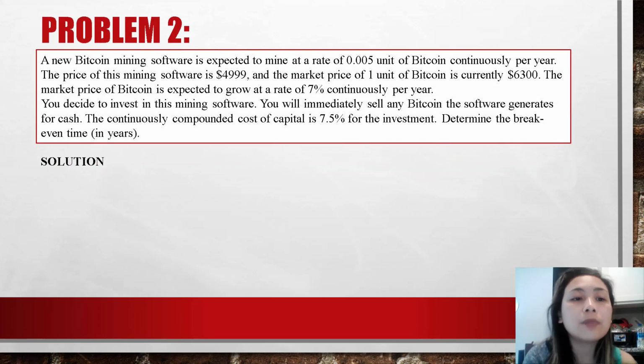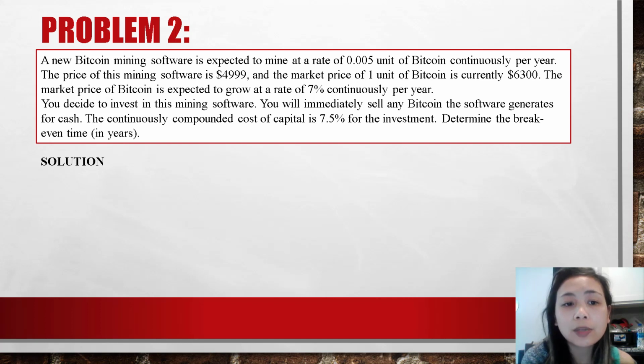Problem 2. A new Bitcoin mining software is expected to mine at the rate of 0.005 units of Bitcoin continuously per year. The price of this mining software is $4,999, and the market price of 1 unit of Bitcoin is currently $6,300.